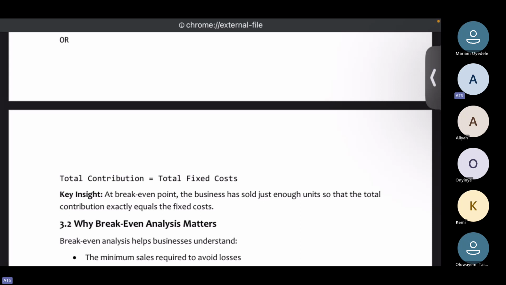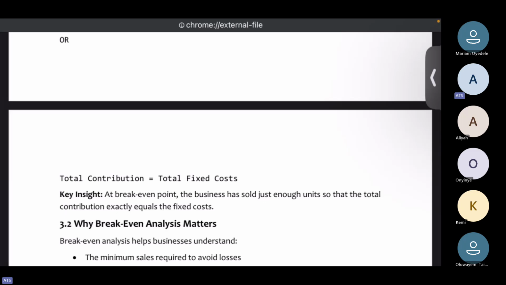Imagine they don't tell you what your contribution is, but they gave you your fixed costs and they said it is at break-even. So maybe they told you that at break-even point, your fixed cost was 200,000. It means at break-even, your contribution was also 200,000, because from the formula, total contribution is equal to total fixed cost. They are the same at that point.